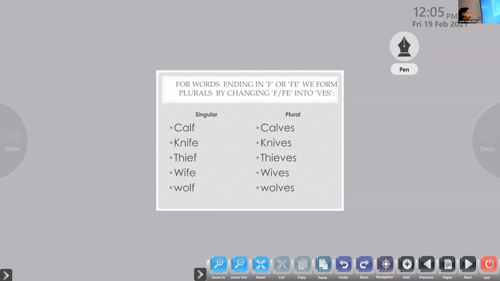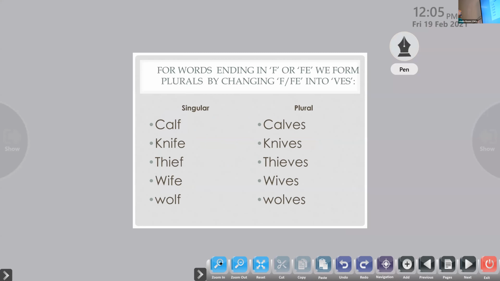Please do learn it up, all of you. If it ends in F or FE, what we have to do? Change F or FE into VES. All of you, please do repeat it. If the words end in F or FE, change them into VES.